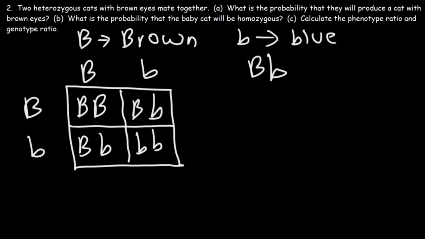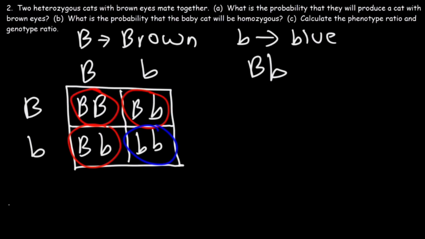What is the probability that they will produce a cat with brown eyes? Which cats will have brown eyes? This one will be brown, and the same is true for these 2. And this particular cat will be blue.